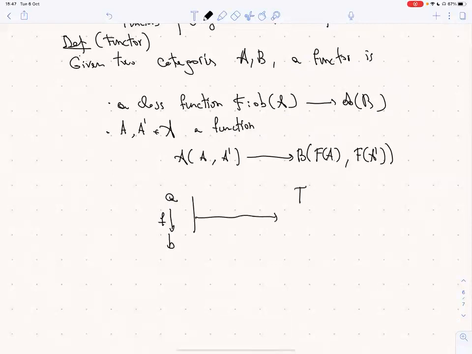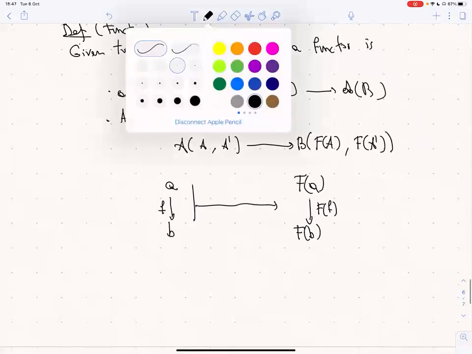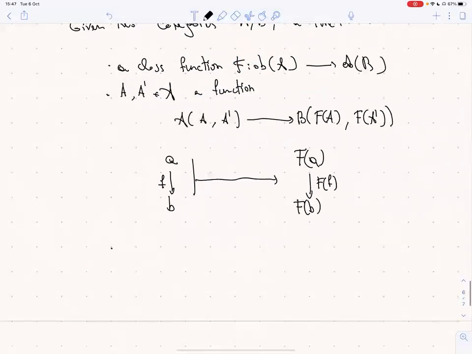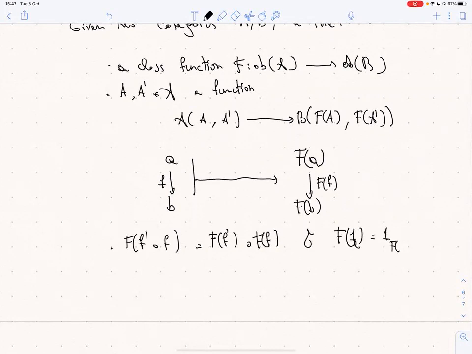It gets transformed into something like this. And of course, we want this assignment to behave nicely, which means that F of (f' composed with f) should be the same as F of f' composed with F of f, and F of 1_A is 1 of F of A. So it's a kind of homomorphism of algebraic structures.